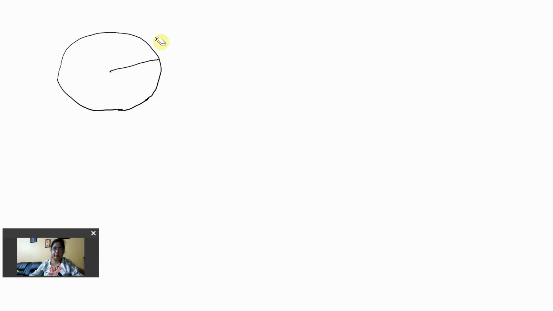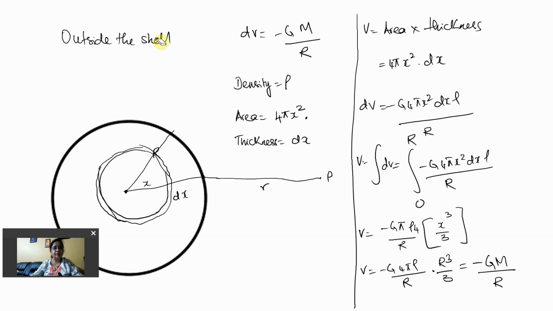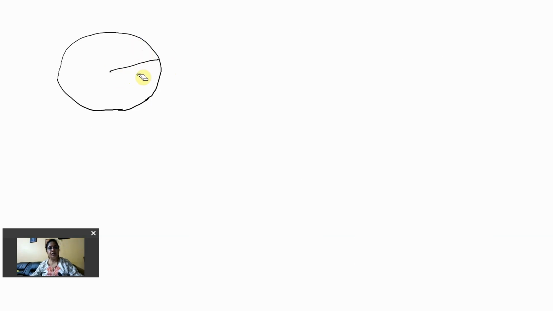My radius is capital R. Potential on the shell means the point can lie anywhere on the shell, so V is equal to minus GM by R. Anywhere you take, the distance is going to be R. So minus GM by R is the potential on the shell.